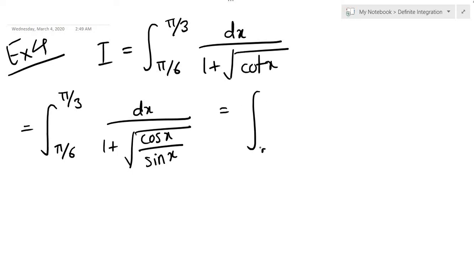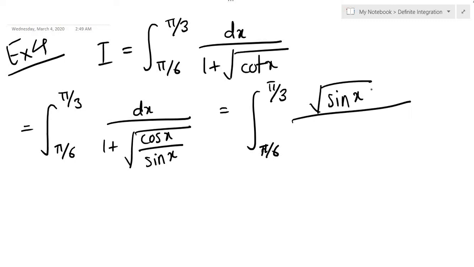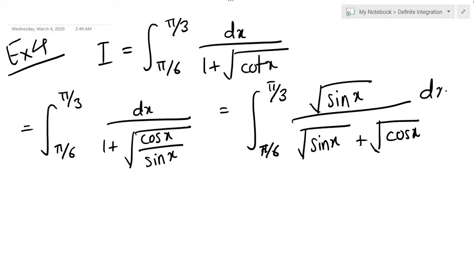Now if I can just cross multiply everything properly, I can write this as the square root of sine of x all over square root of sine of x plus square root of cos of x, won't forget the dx.